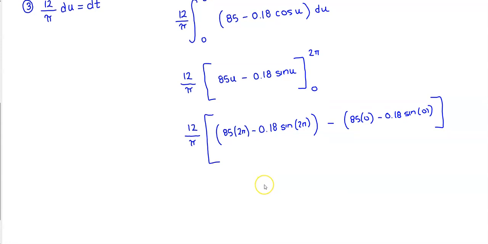Okay, so what do we get here? Well, we have 12 over pi times, well, we have 85 times 2 pi.